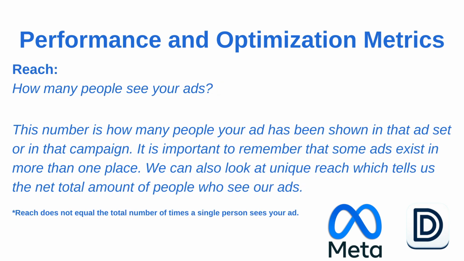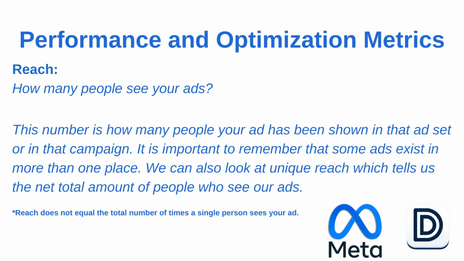Now let's address reach. How many people see your ads? This number is how many people your ad has been shown to in that ad set or in that campaign. Best practice here is to remember that, like with impressions, your ad, or in this case more specifically, the post ID that you are promoting, might exist in multiple ad sets or in multiple campaigns.